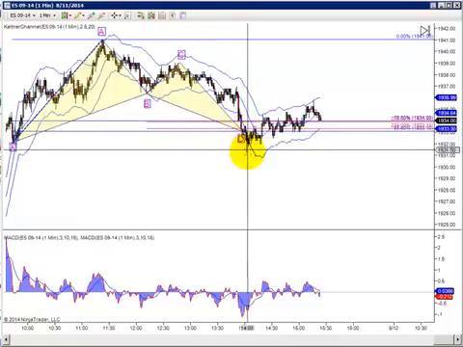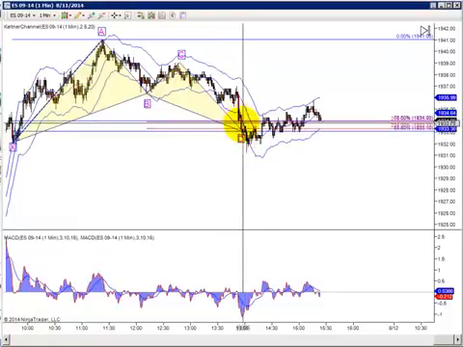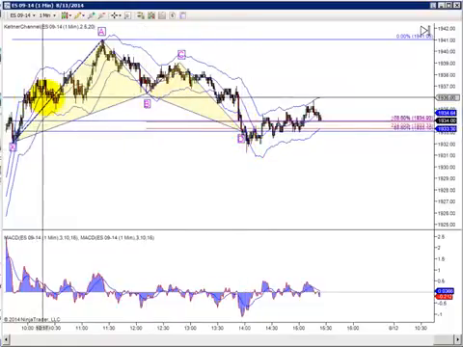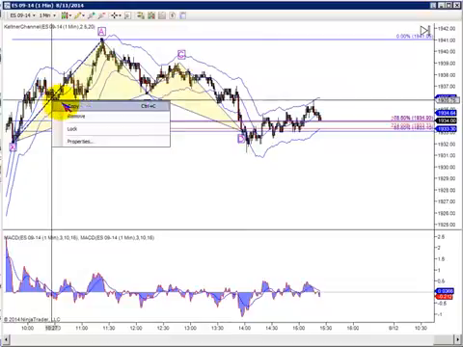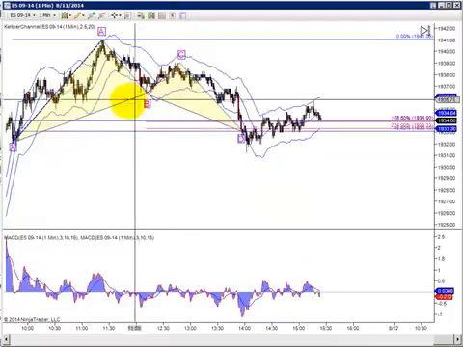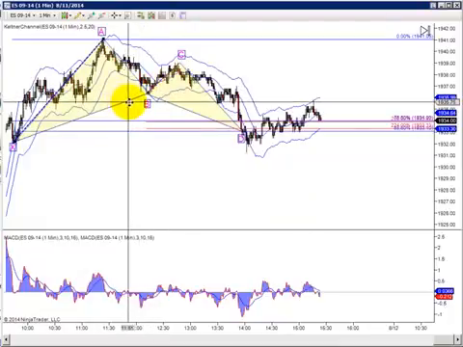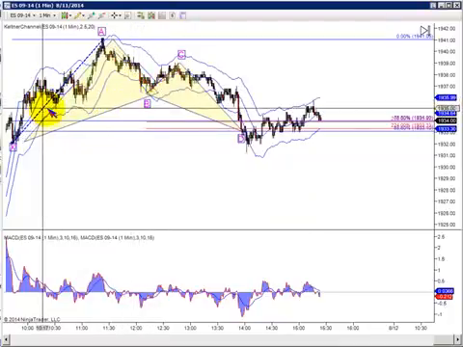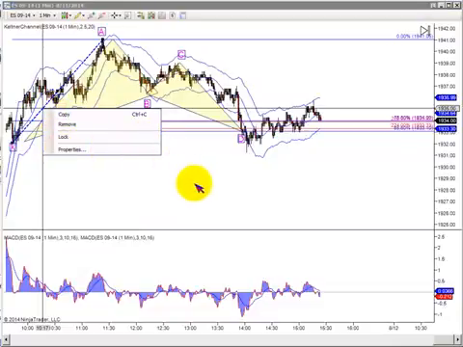We also see that the market has failed at this point, and we're going to get into that in a few minutes. So let me just pull this over and we throw in another level to watch.